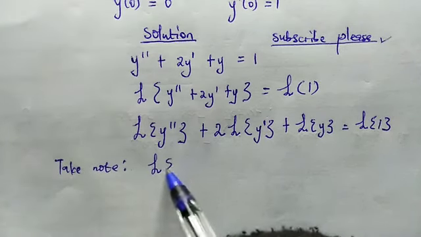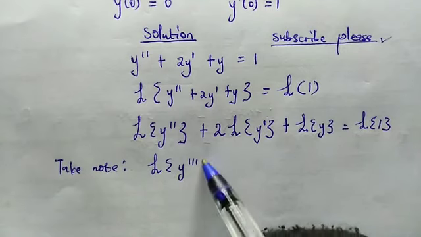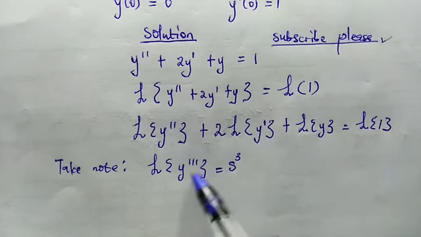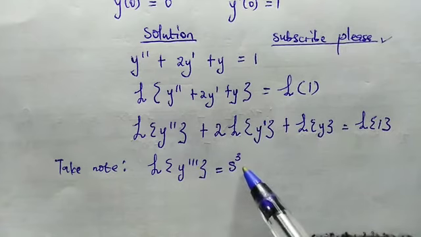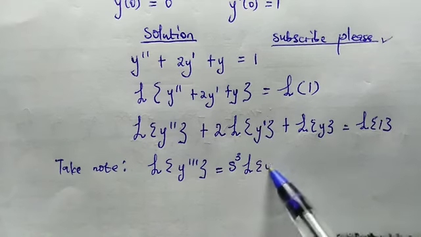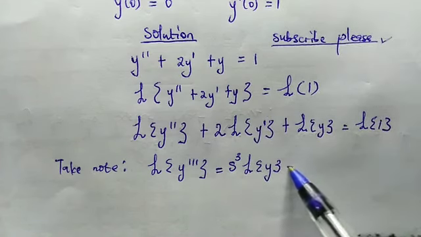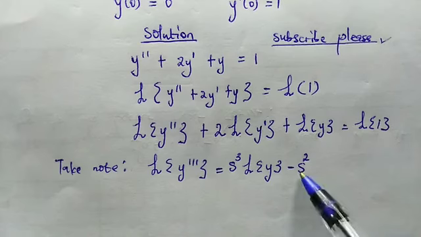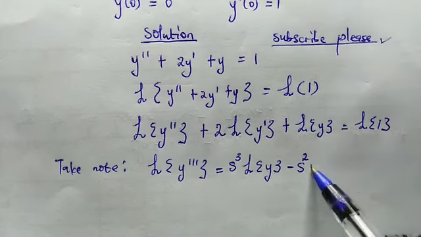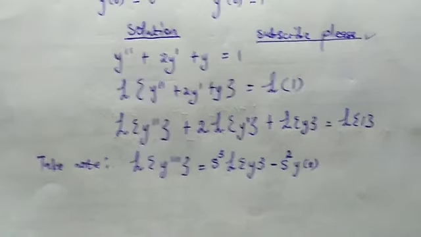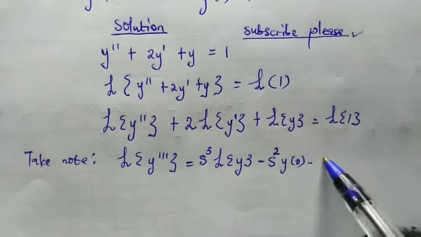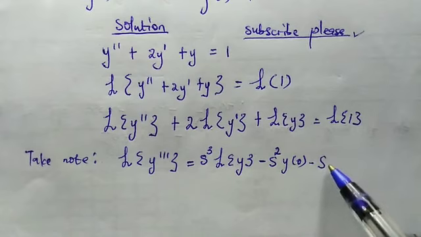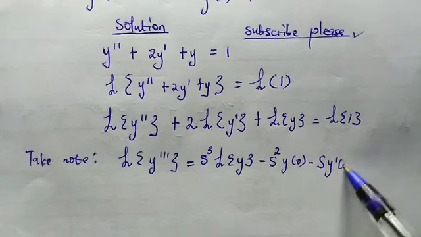The Laplace transform of y''' is equal to s cubed, because the order of the derivative here is 3, multiplied by the Laplace transform of y, minus s squared, the power reduced to 2, times y(0), and minus s, the power of s reducing by 1 again, times y'(0).